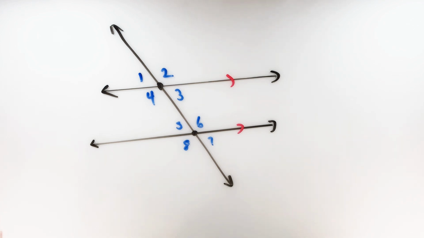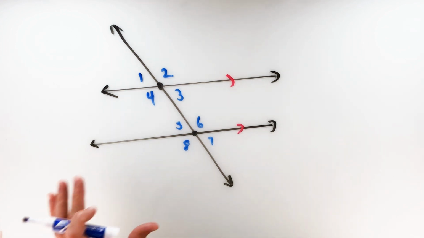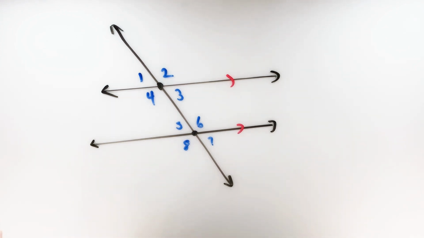Even though we have 8 different angles, we only really have 2 different angle measures. We can classify them based on where they are in the setup, and we'll give names to these different angle pairs and look at some theorems that go along with them. There's 5 different types that we're going to look at specifically today.